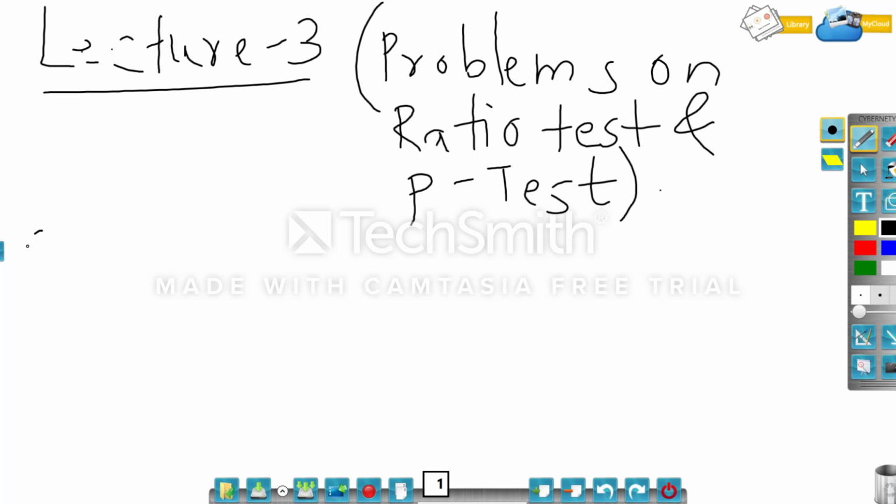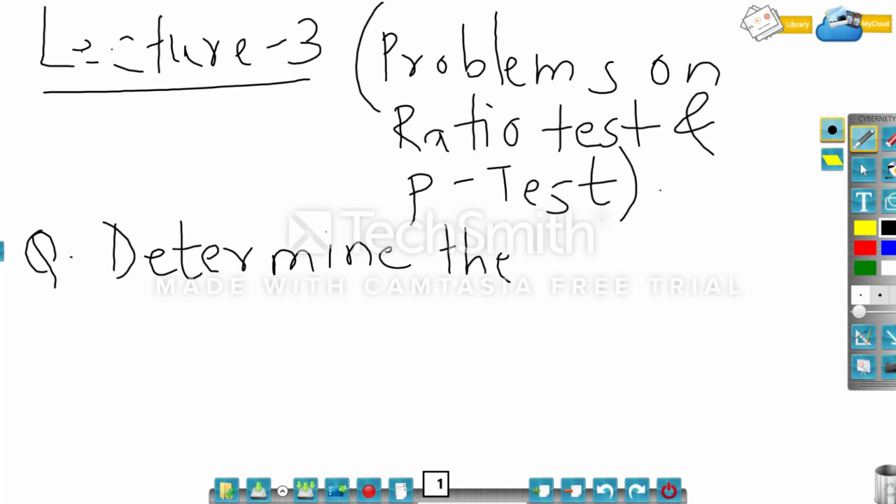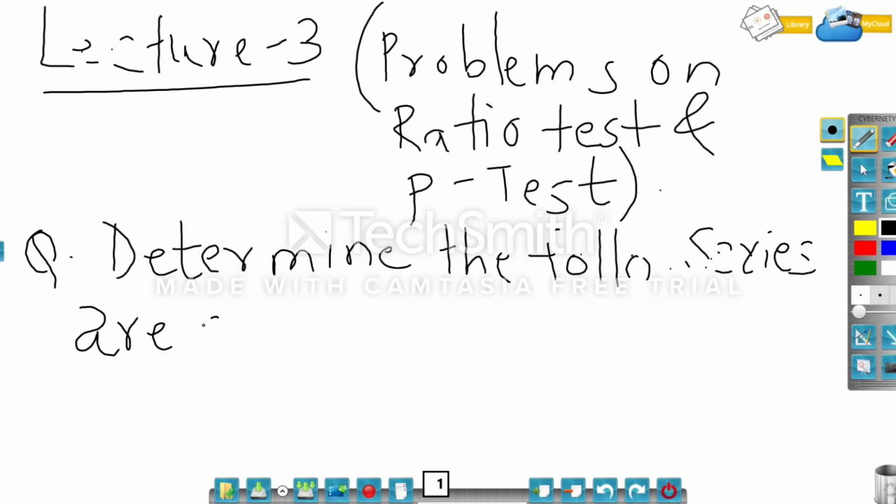So the question is, determine whether the following series are convergent or not.